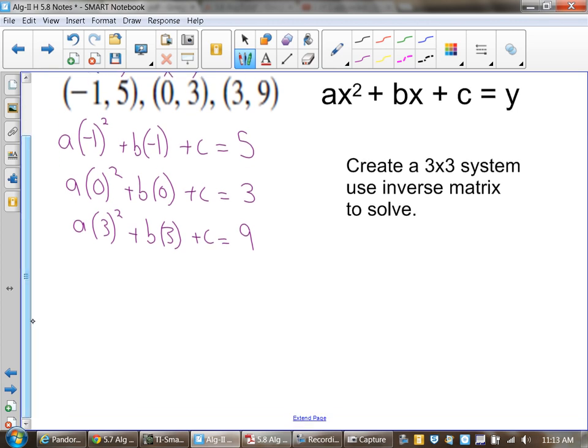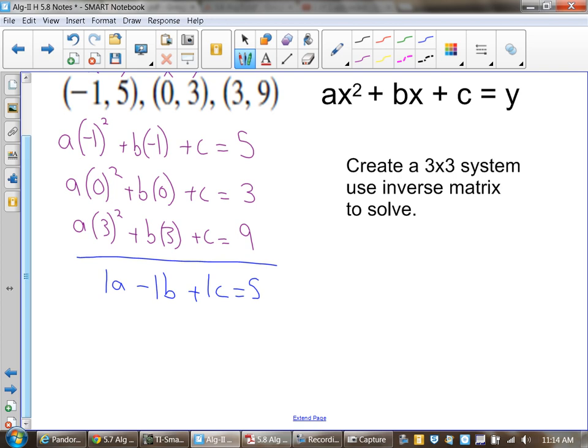When I write this stuff out, what's negative 1 squared? 1. So I get 1a minus 1b plus 1c is 5. You agree? I put a 1 for the c just to make sure we understand what's going in for our matrix here.